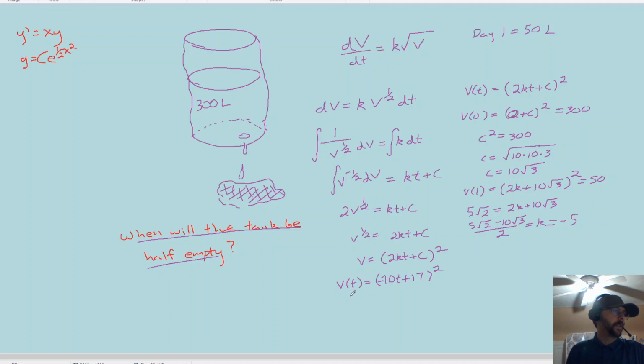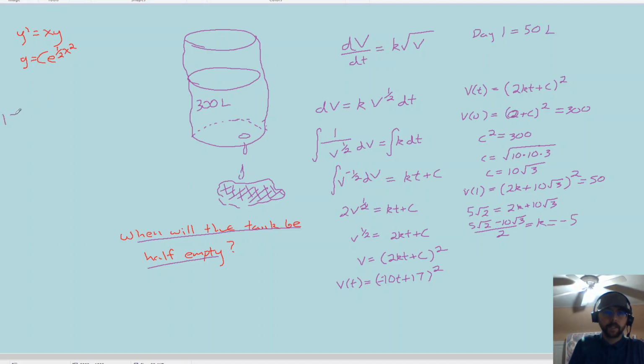So we want the volume to be 1/2 of the initial volume. So the initial volume was 300 liters. So we want to know when it will be 150 liters. So we're going to set this up. I'm really running out of room, so I'll set it up over here.